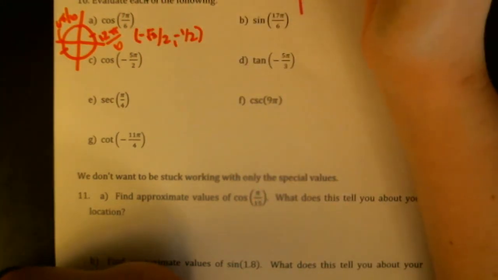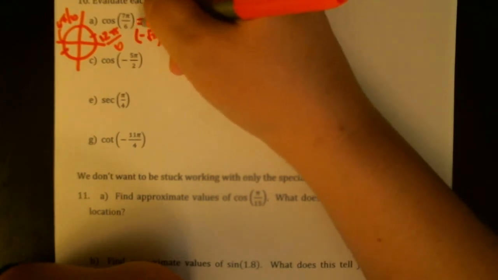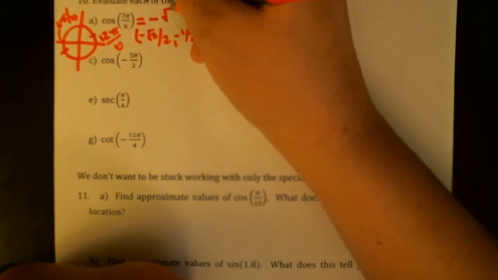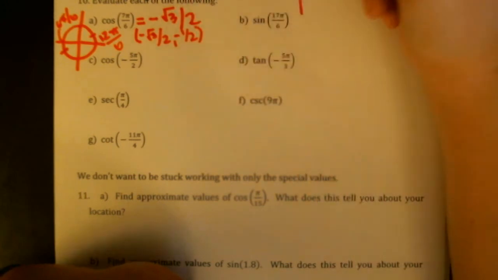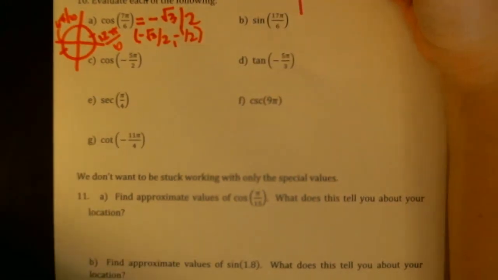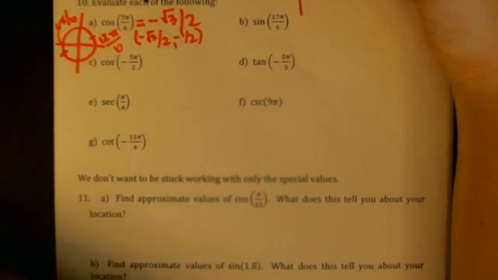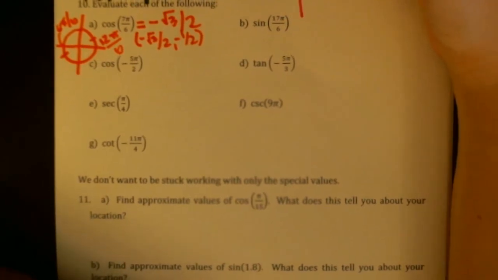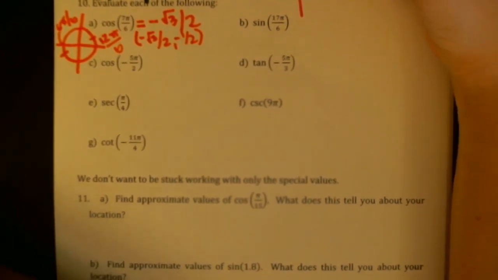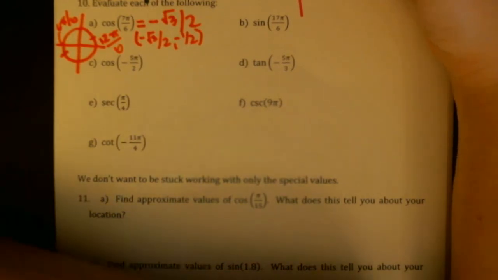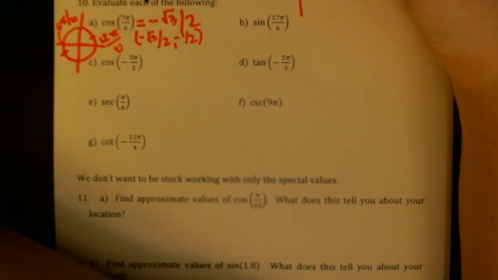We were asked for cosine, so we really only want the x values, so our answer is going to be negative root 3 over 2. Okay, so this is our big goal. Again, I want to be able to ask you to evaluate any of our trig functions at any multiple of pi over 4, pi over 6, pi over 3, pi over 2, pi, and so on.